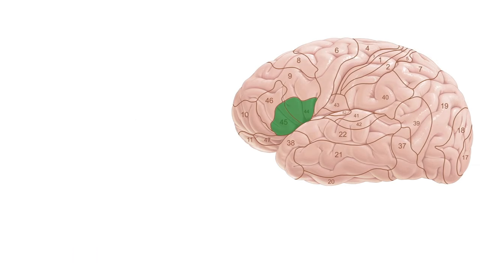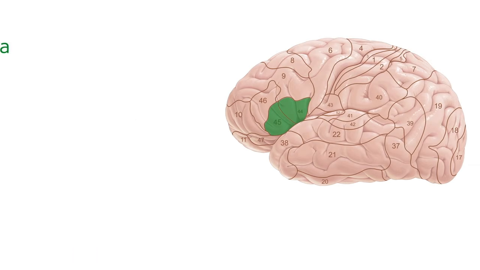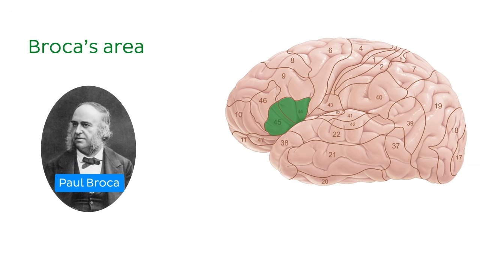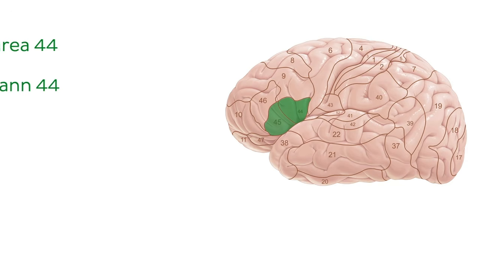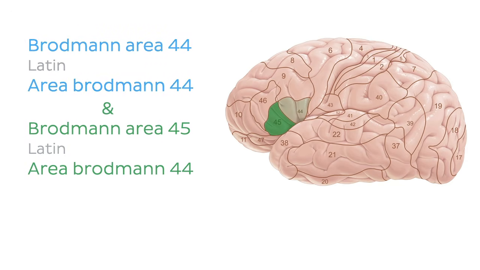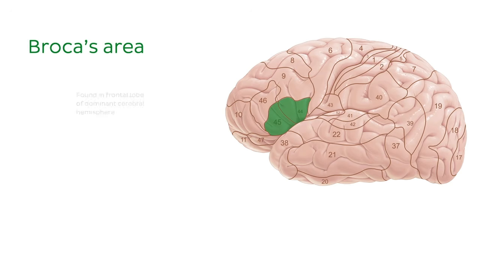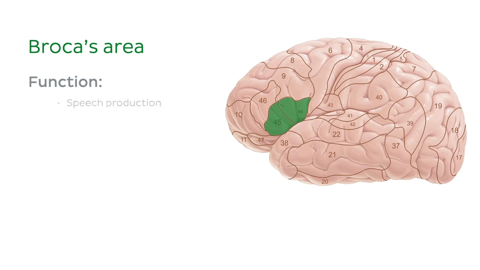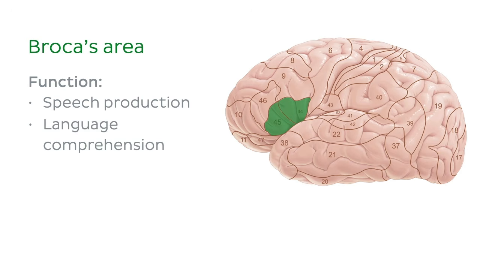First, we're going to take a look at the brain areas that are collectively known as Broca's area, which is named after the French physician Paul Broca. Broca's area consists of Brodmann areas 44 and 45. This area is found in the frontal lobe of the dominant cerebral hemisphere and is involved in speech production, language comprehension, and speech-related gestures.